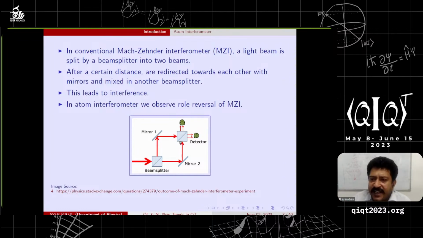Because at the end of the day, interference experiments give us very precise and very fine measurements. For example, in the late 1880s, there was the Michelson-Morley experiment, the Michelson interferometer. Why was it done? To prove the existence of ether, how can we prove it?